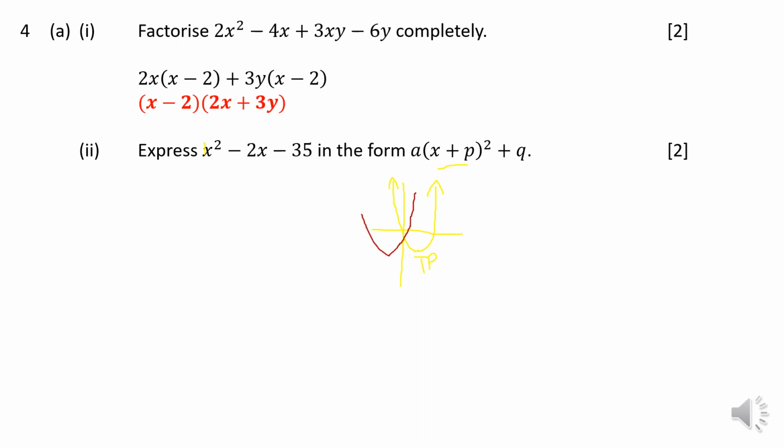It could have gone this way. So this is what I mean by the horizontal translation, and up or down, how many units it goes up or down. That's what the vertex form tells us. It's not something that we're going to go deep into now, but it's quite useful information to have, and you will see what I mean.